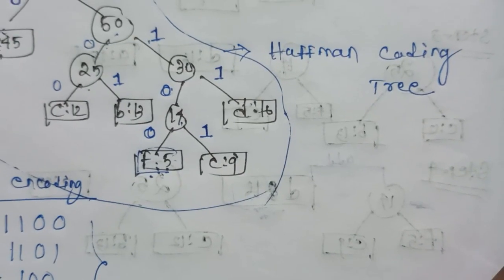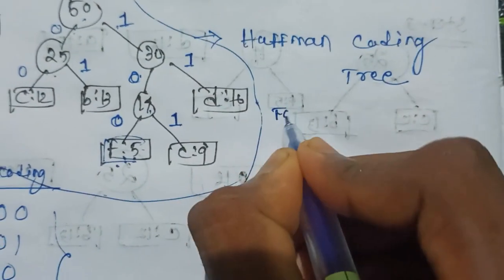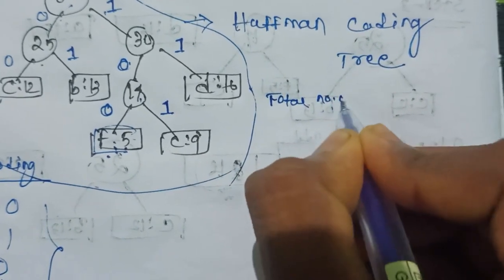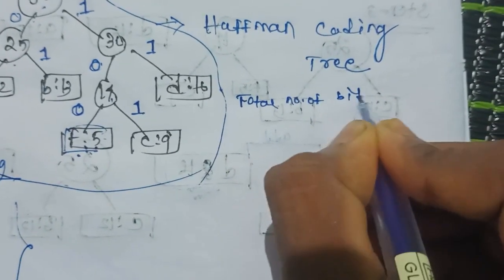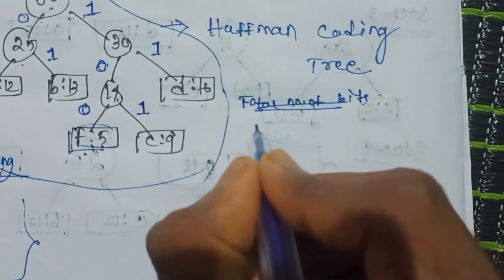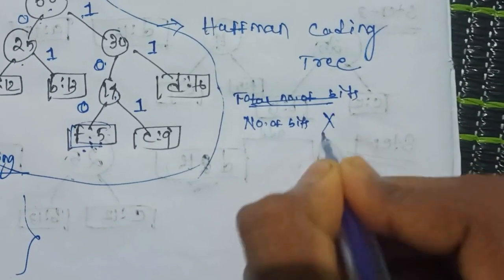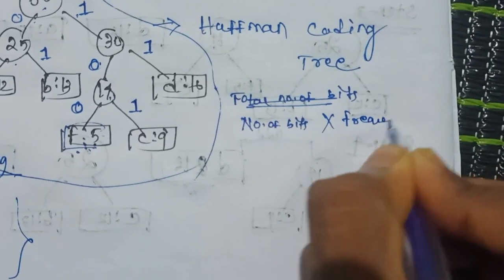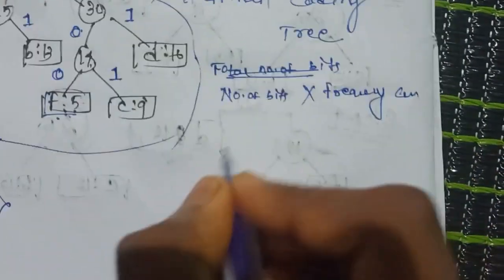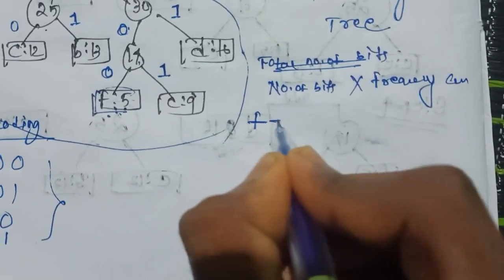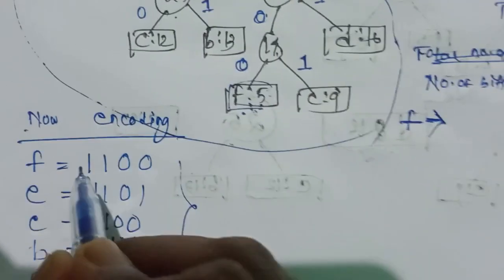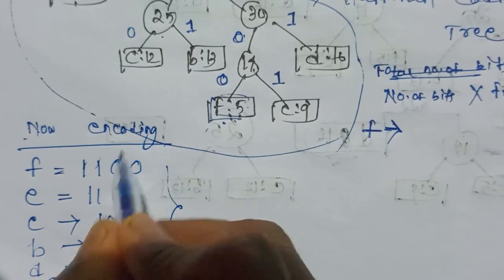Now we have to find the total number of bits required. The formula is number of bits into frequency count. For F, the number of bits is 1 2 3 4.